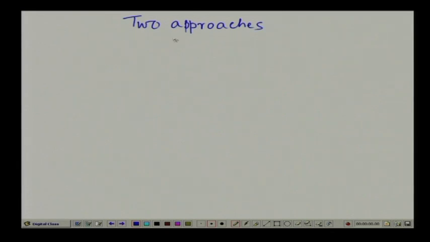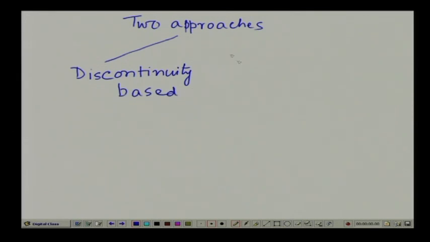One of the approaches, as we have just said, is the discontinuity based approach. And the second approach is what is called the similarity based approach.